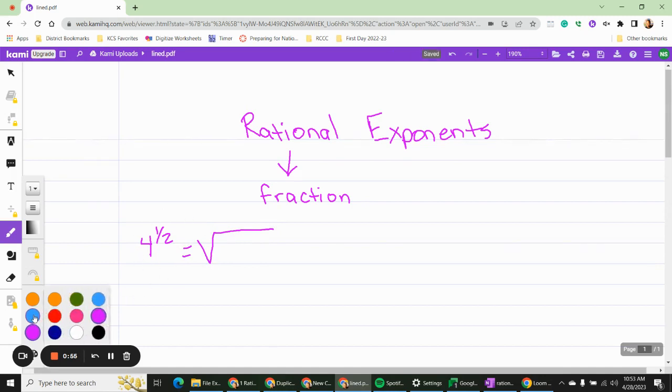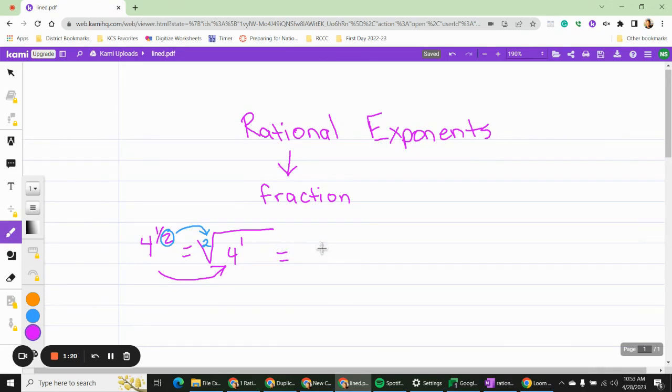And our rule is that we take whatever this bottom number is, and we put it right there where the index is. So the bottom number for the exponent goes right here. And then the rest of it, 4 to the 1 power, goes under the radical. It goes in that radicand space there.